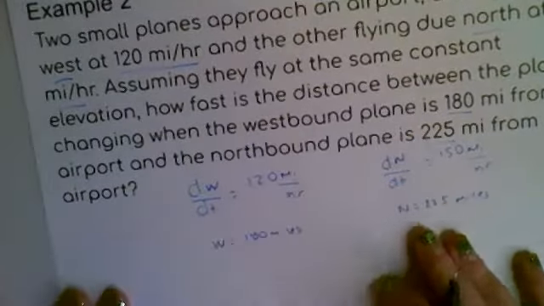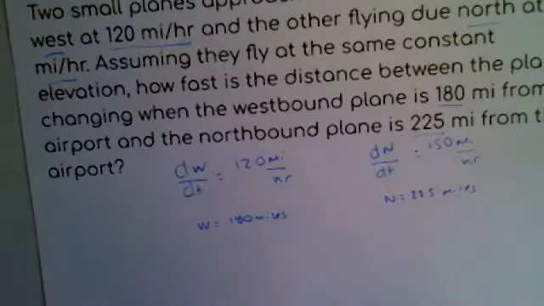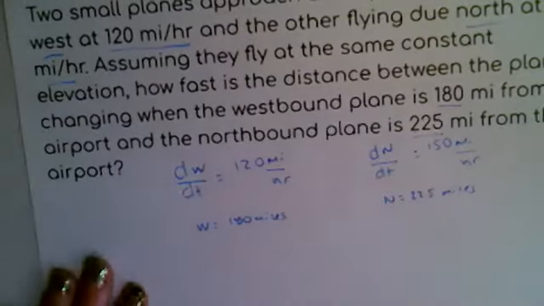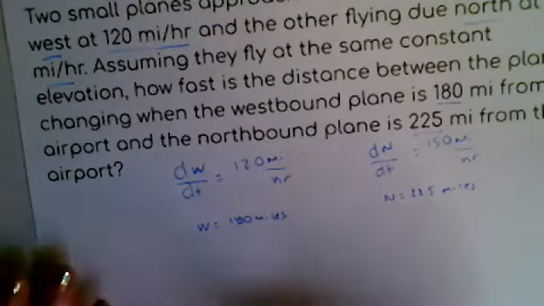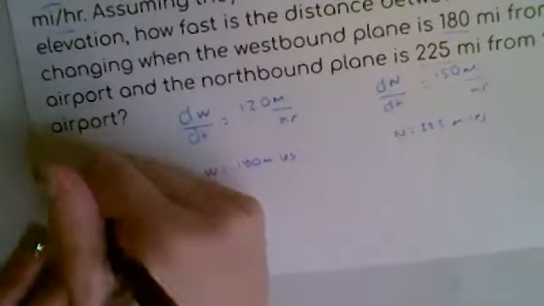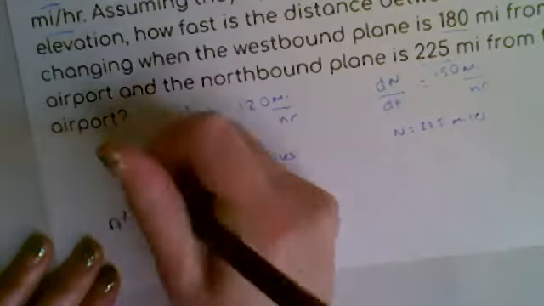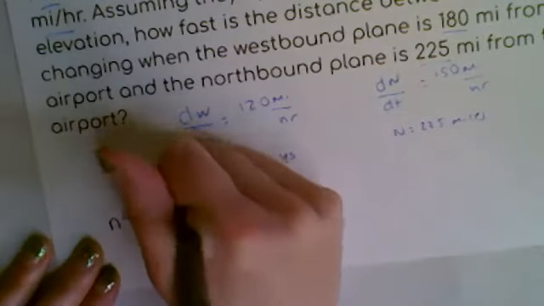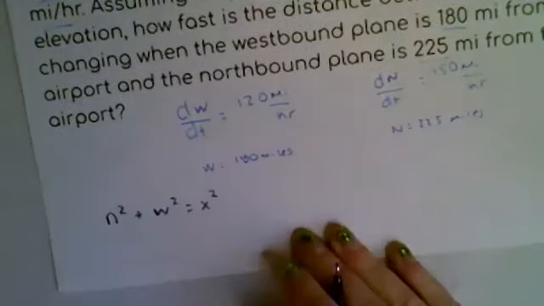Okay, so the next thing that I want to draw your attention to is I'm going to rewrite what I used for Pythagorean theorem: north squared plus west squared equals x squared. So we're going to take the derivative of each of these with respect to time.